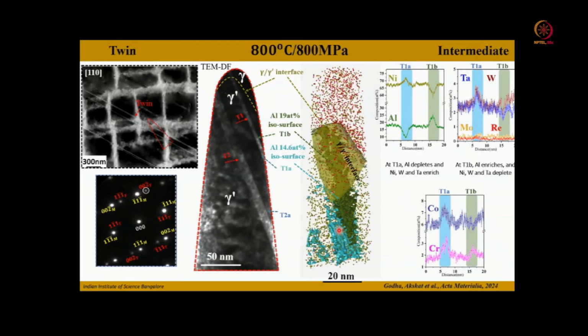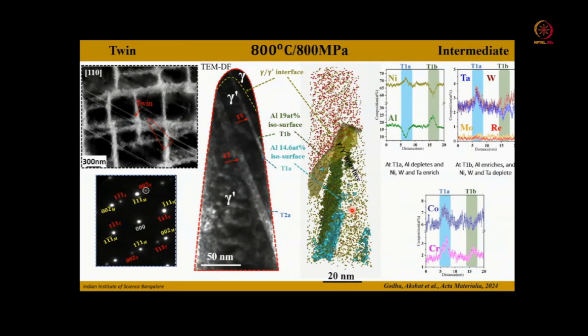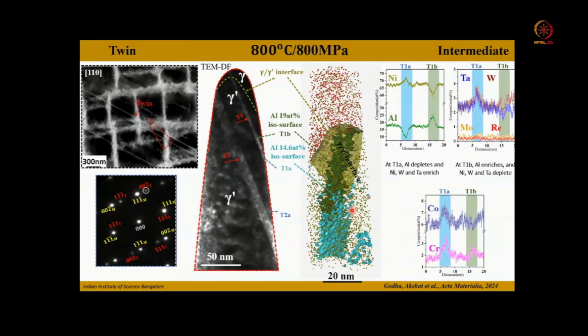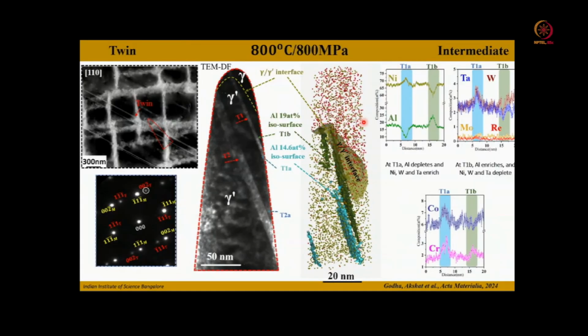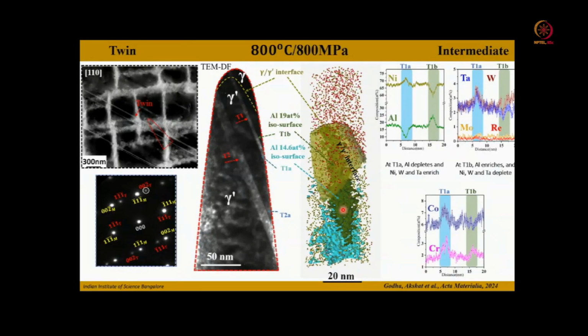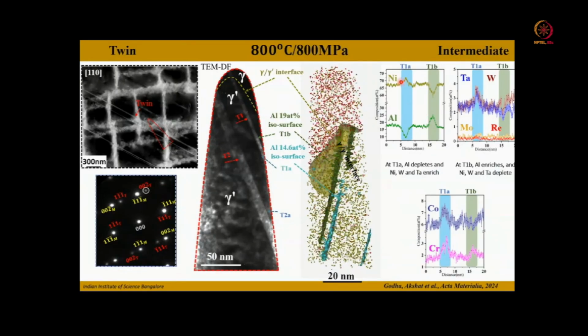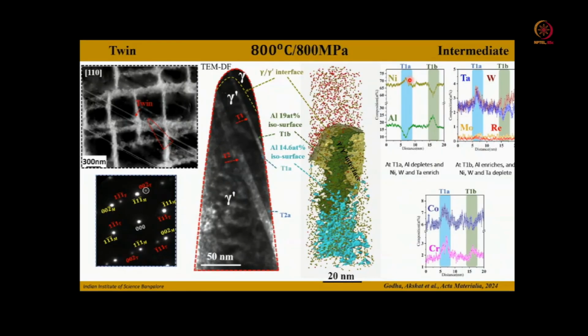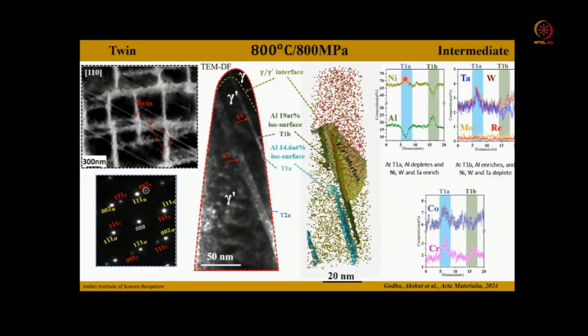This planar interface corresponds to the twin boundaries of one particular twin, and these were marked as T1A and T1B. If you take a profile perpendicular to these regions, at these two regions we see that along the twin boundary there is a variation in composition. At certain locations there is an enrichment of nickel.